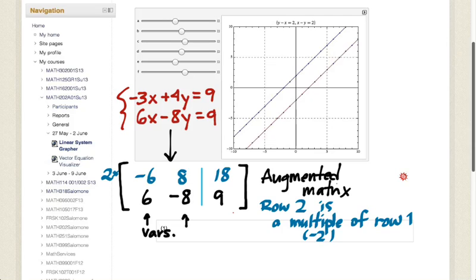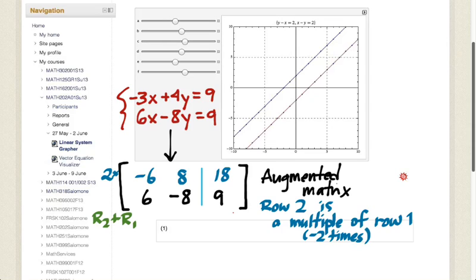Negative 2 times. And then once the first equation was multiplied by negative 2, then what did you do? Right. Now that you have the setup such that we can eliminate one of the variables by adding, we decided to add row 2 plus row 1.